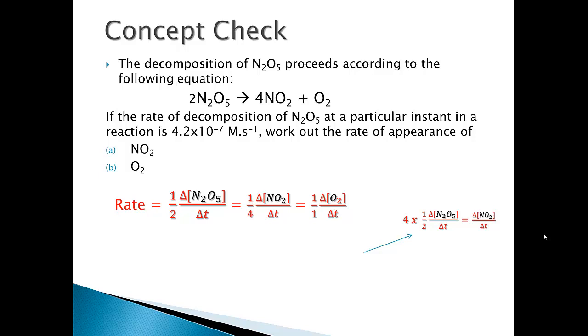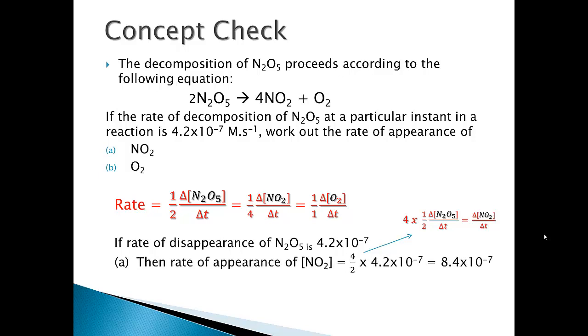Okay? If we're looking at, for example, oxygen. So to work out the first part of the question, consider that the rate of the disappearance of N2O5 is 4.2 by 10 to the minus 7. That means that the rate of appearance of NO2 is going to be, well, double that amount, because NO2 has a coefficient of 4. Okay, so it makes perfect sense if you look at the reaction.